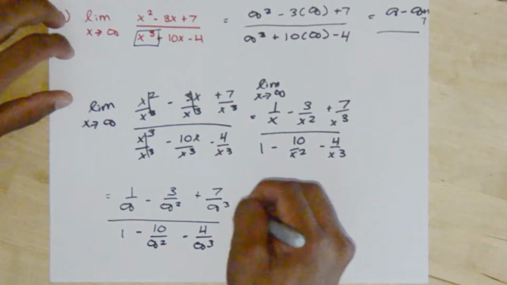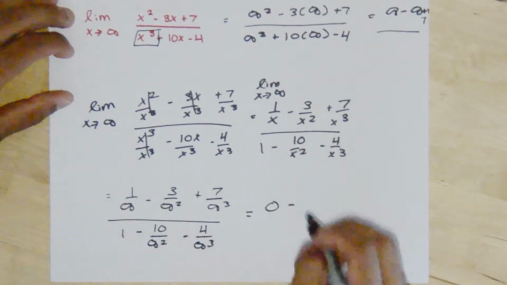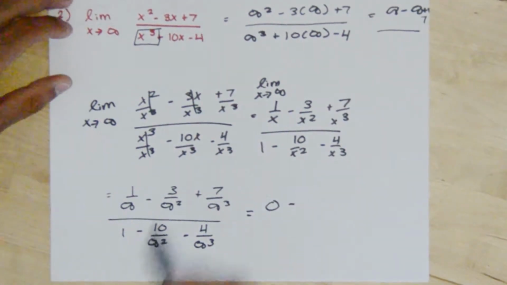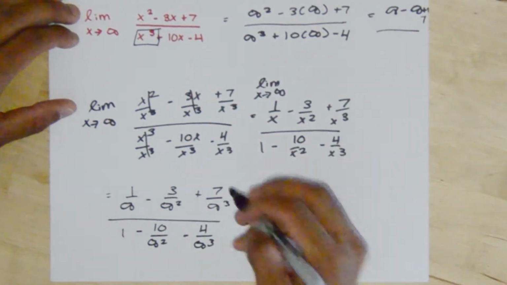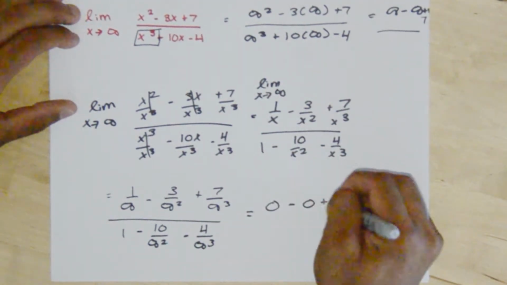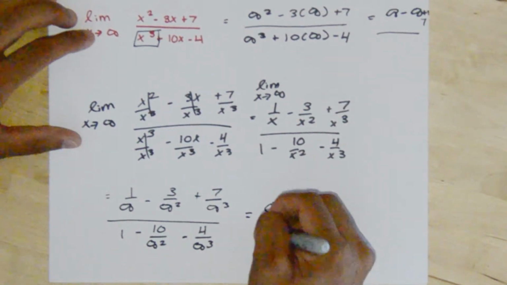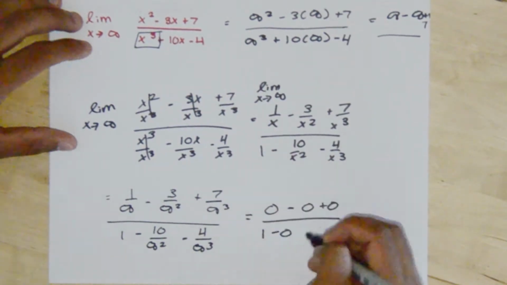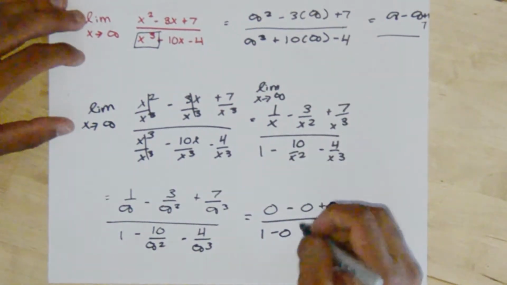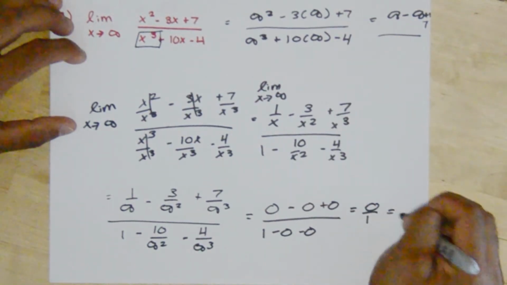And simplifying this out, we know a constant over infinity is 0. So that's 0 minus 3 over infinity squared. We know infinity squared is infinity, and 3 over infinity is also 0. And same thing for this case, that would also be 0, since infinity cubed is also infinity. And in the denominator, we keep the 1, and minus 10 over infinity squared becomes 0, and minus 4 over infinity cubed also becomes 0. So at the end, we get 0 over 1, and this equals 0.